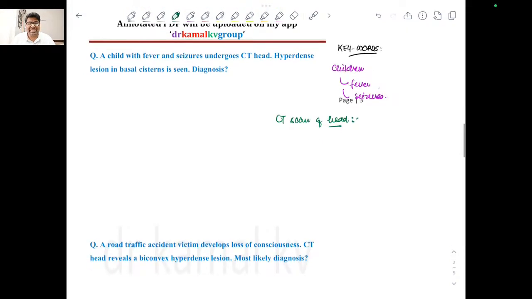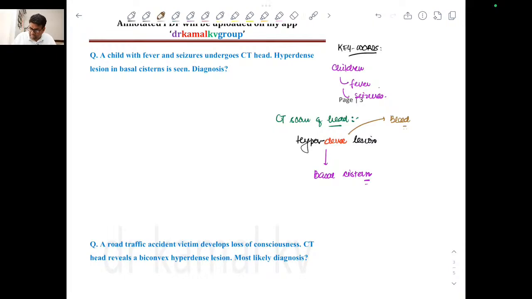Now what is being seen on the CT scan of head? You will see hyperdense lesion. Clear? So there is a hyperdense lesion, and what is the location? Basal cistern. Now hyperdense means that is indicative of bleed.